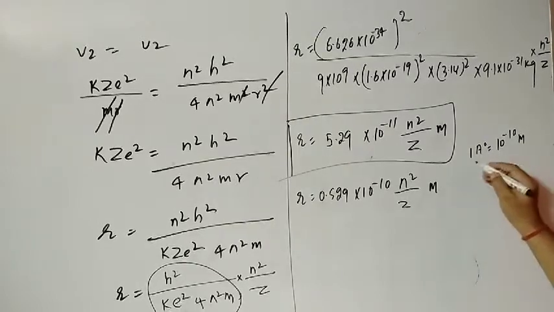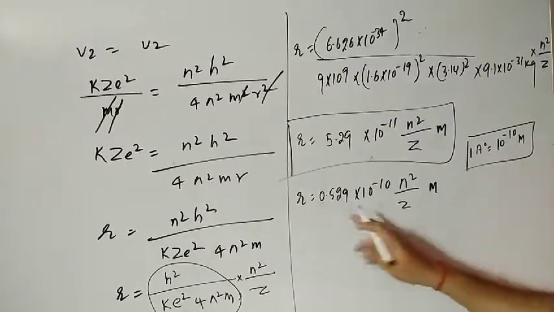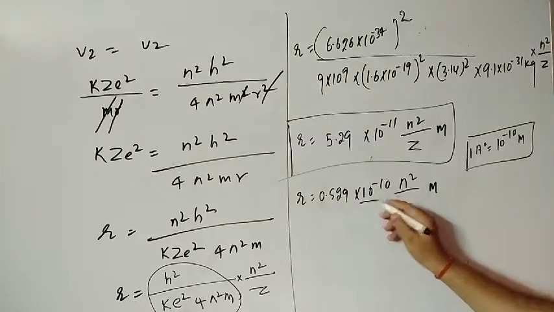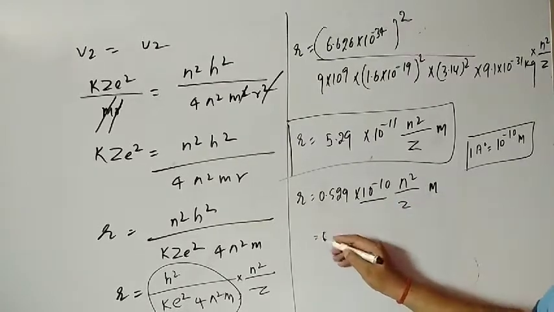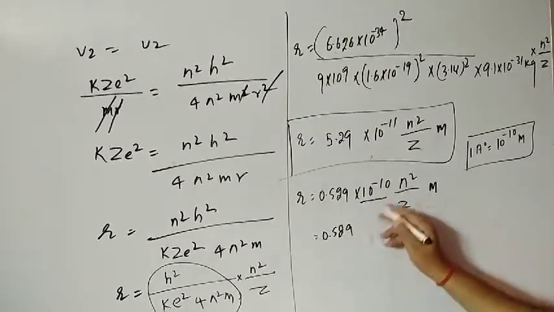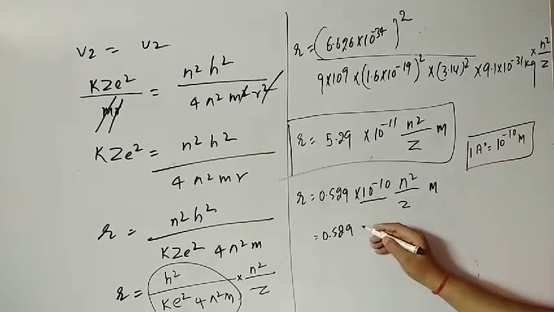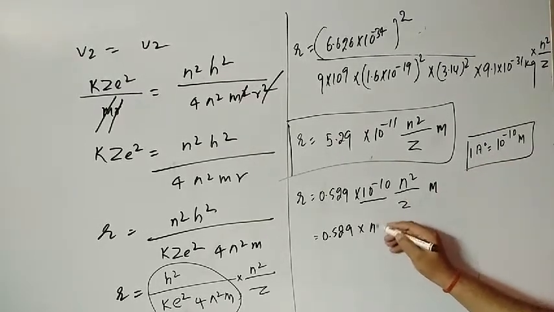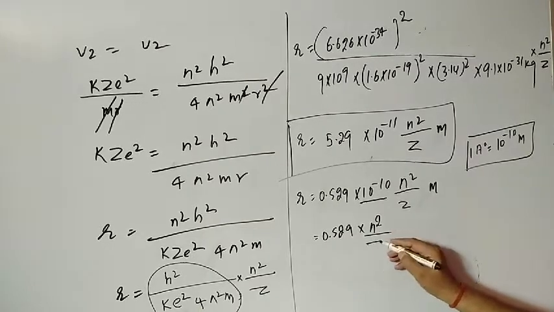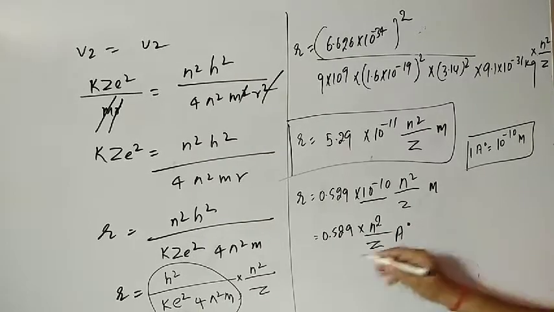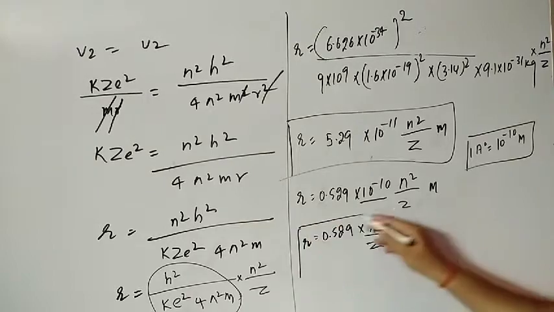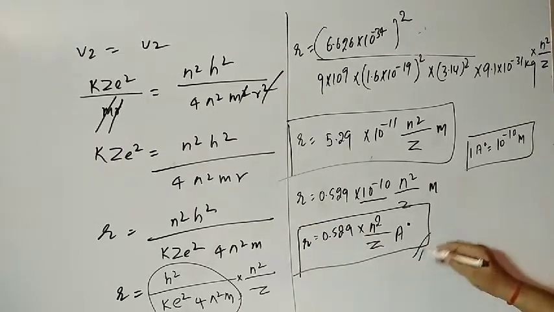Now putting 1 angstrom equal to 10 power minus 10 meter, the value comes in angstrom: 0.529 into n square upon z. If they ask for the radius in angstrom, you have to use this formula.